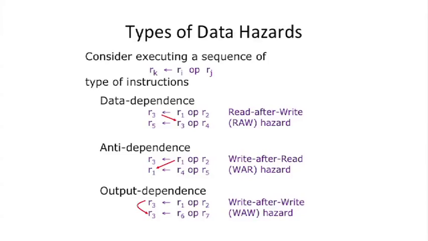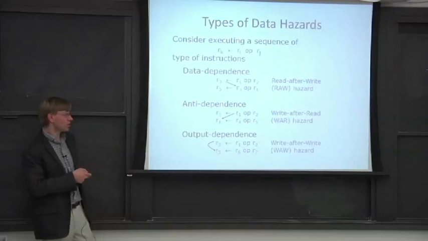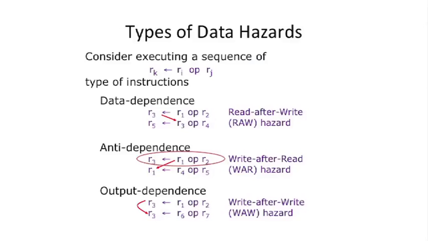Let's look at something a little bit less intuitive. Let's look at a hazard where this instruction reads register 1, and the next instruction writes register 1. OK, that should be no problem. That sounds great. Well, today, we're going to give an example of a pipeline where this is a problem, or could potentially be a problem.